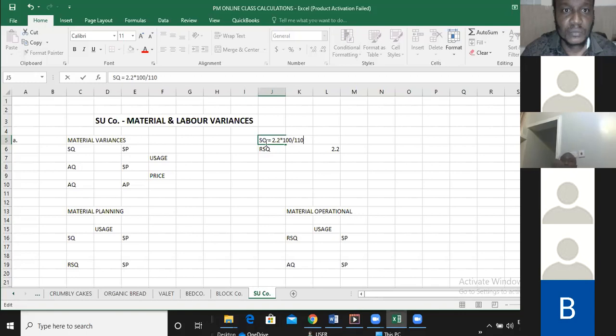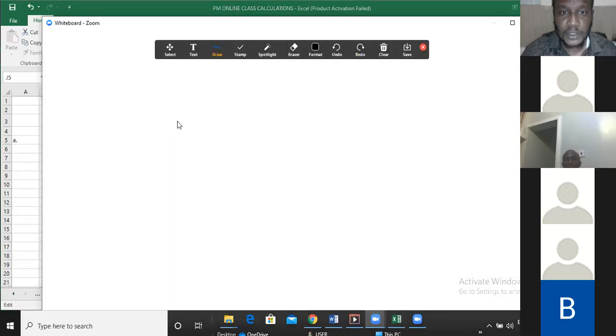If we think about it, our revised standard quantity is 2.2, which in absolute terms is equal to 110.